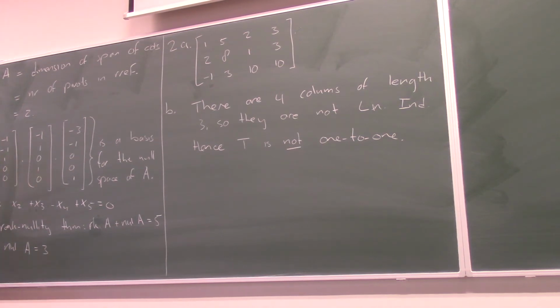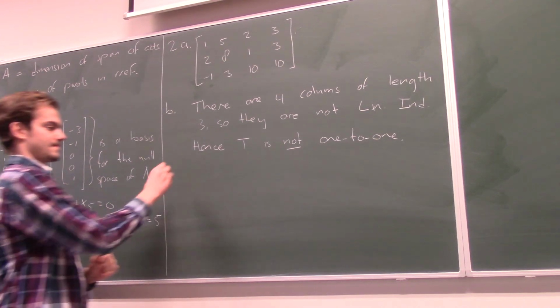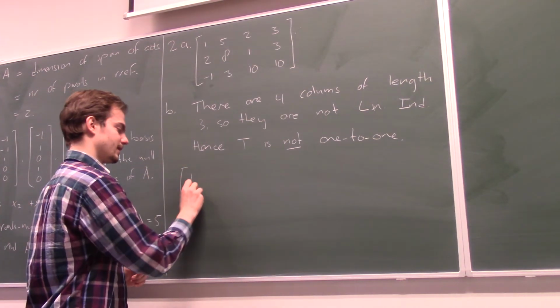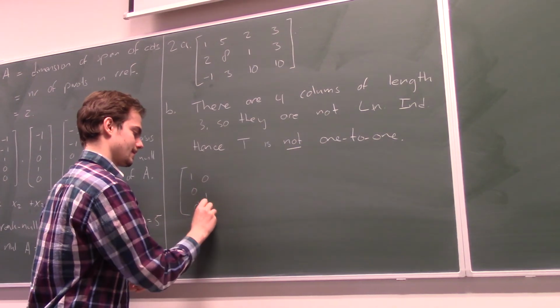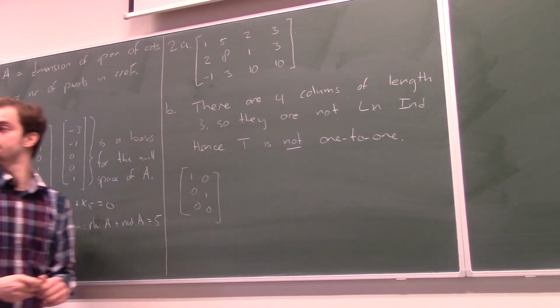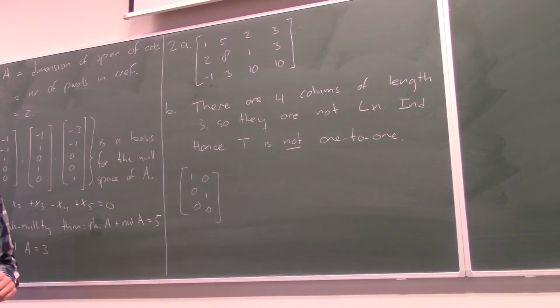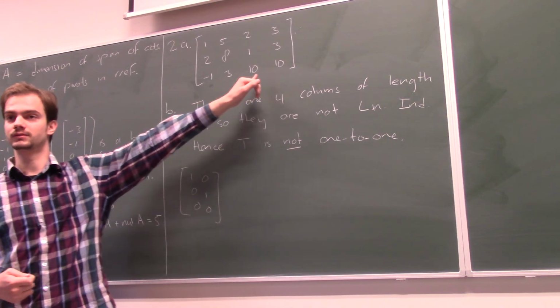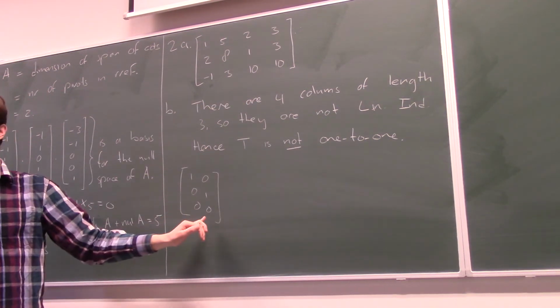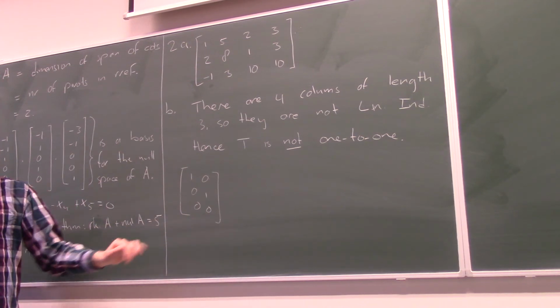If you have something like this, columns, 2 vectors, it's the same as when you have 3 columns. If all the columns have a pivot, then it's one-to-one.